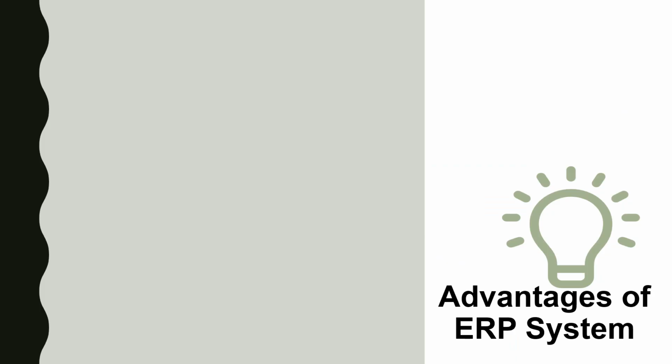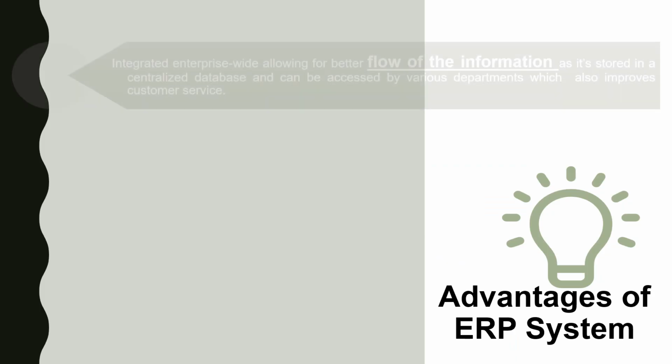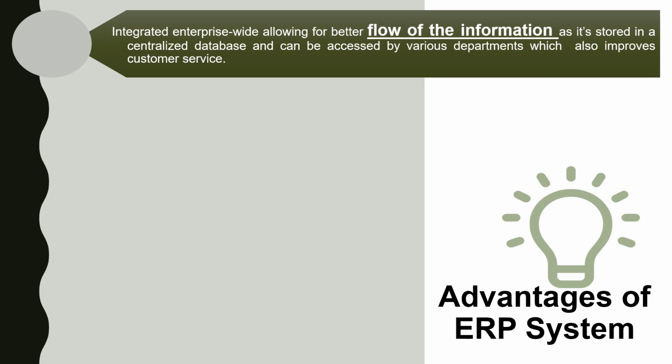What are the advantages of using an ERP system? First, it is integrated enterprise-wide, allowing for a better flow of information. That is one of the main advantages of an ERP system.